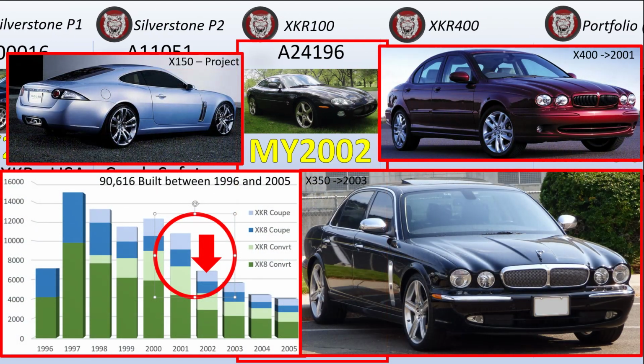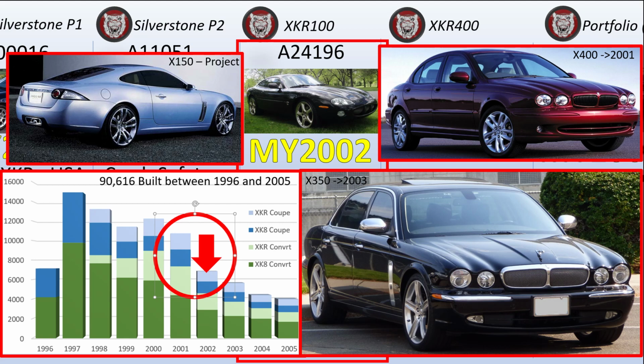Right, model year 2002. I don't know a lot about model year 2002. I had a couple of suggestions from subscribers. There was a lot going on at Jaguar at the time, so there probably wasn't time to do a lot of mods on the car. The X150 had actually started and was almost at sign-off.